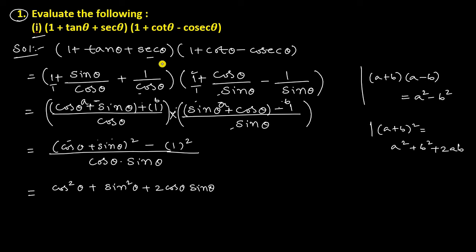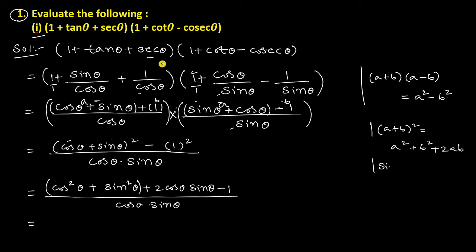Now we have minus 1 square means 1 divided by, so copy the denominator as it is, cos theta into sin theta, that equals to, now you have cos square theta plus sin square theta. So do you remember the identity?